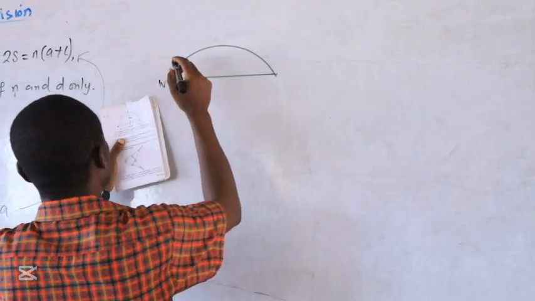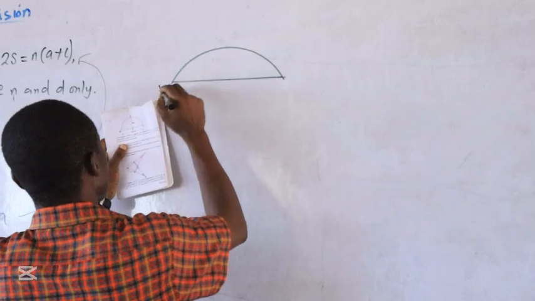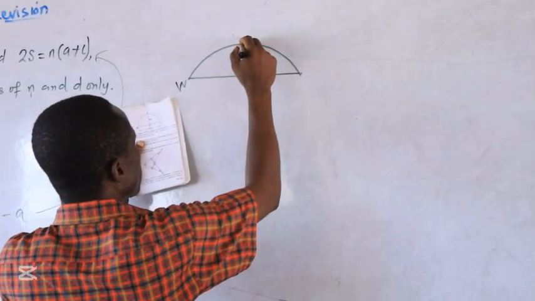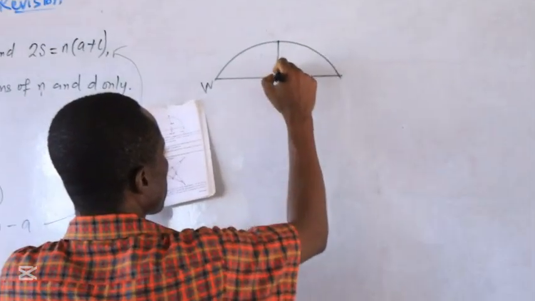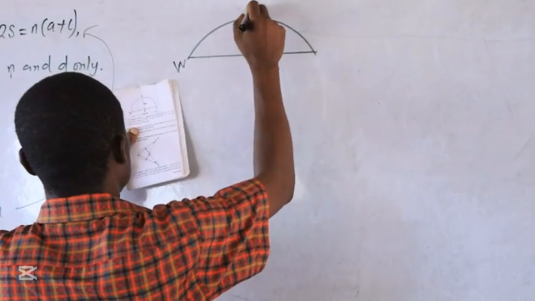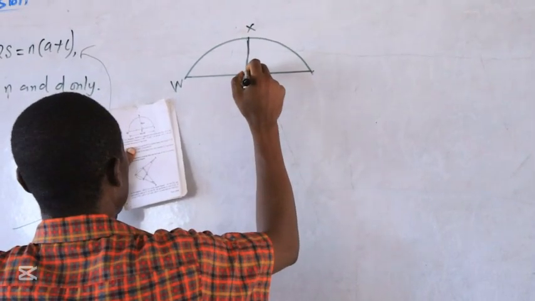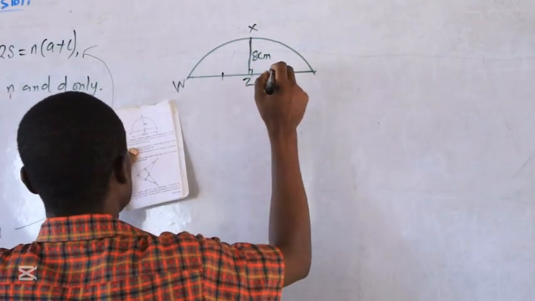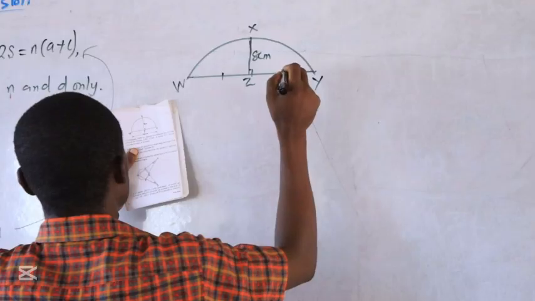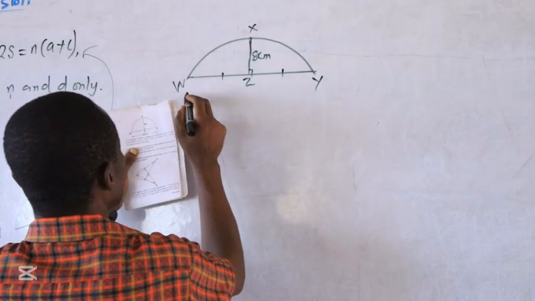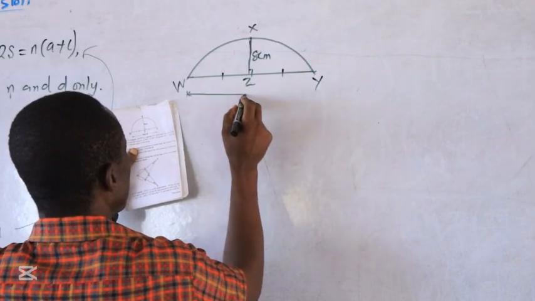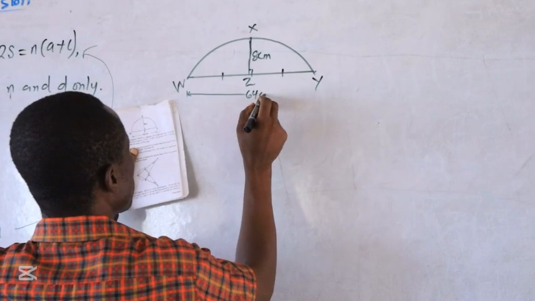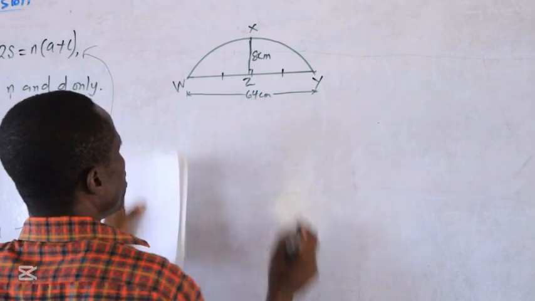This is W. This is X, this is Z, this is 8 centimeters. This side equals to this. This is Y. And the full length here is 64 centimeters. Now this is the diagram.